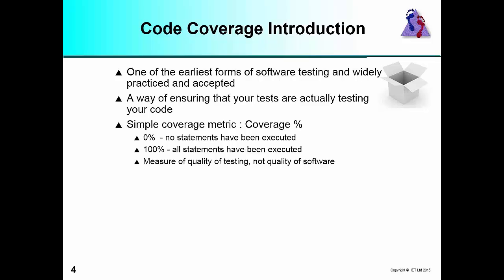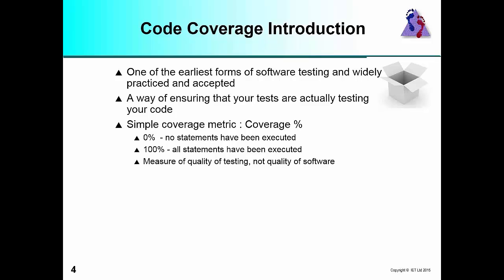It typically provides a coverage metric, the coverage percentage, where 0% means that none of the statements that you've coded in a particular program have been executed at all. 100% at the other extreme means that every single statement has been executed. Note that just because you execute a statement doesn't mean the statement's doing what it should do.